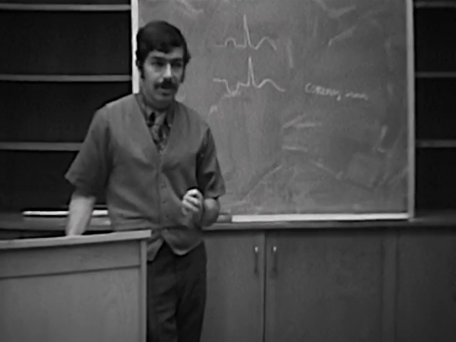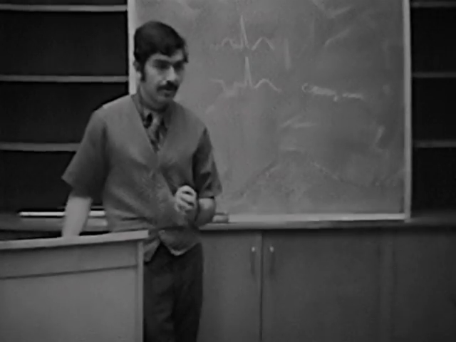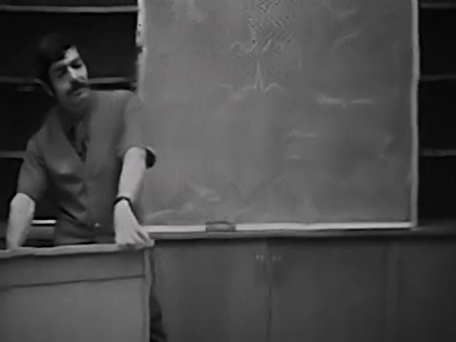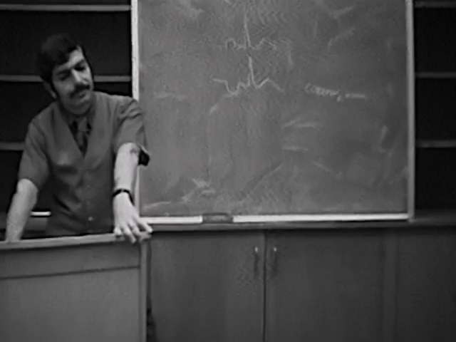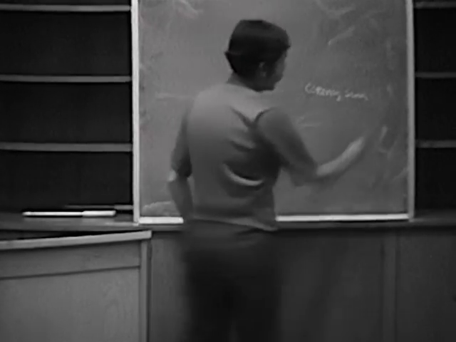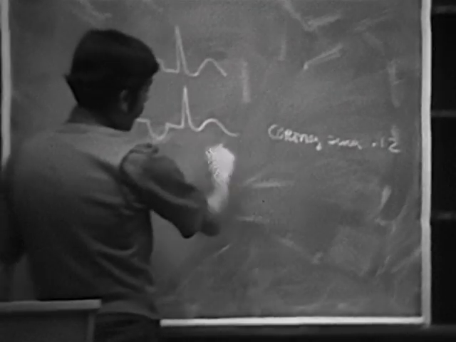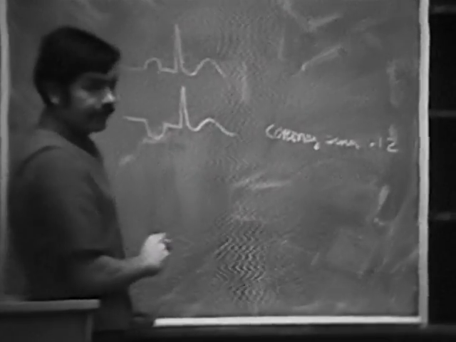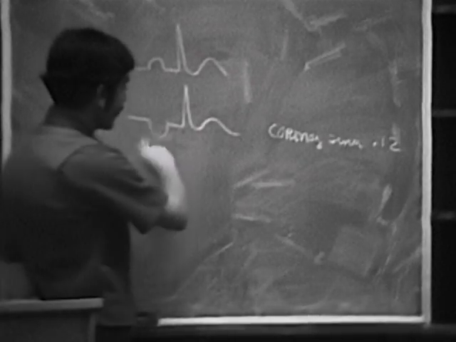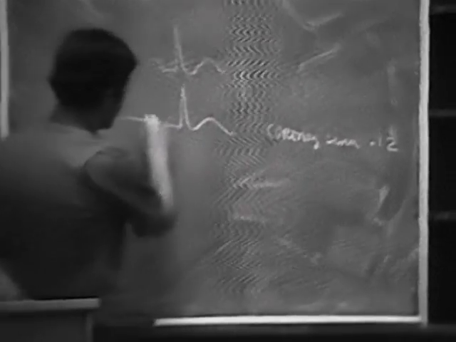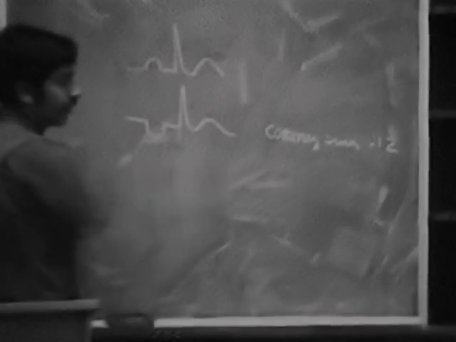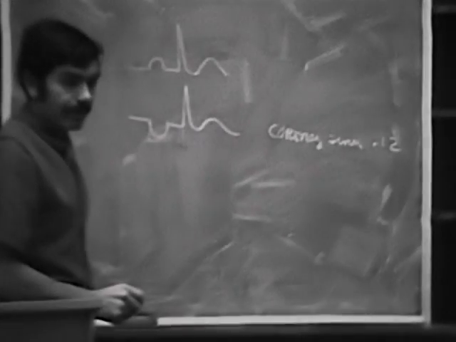It's the PR interval, right? What's the lower limit of normal for the PR interval? 0.12, right. 0.12 is the lower limit of normal. So if it's greater than 0.12, you're in the atrium, right? So if you have an inverted P wave and the PR interval is greater than 0.12, it's an atrial mechanism or a coronary sinus rhythm, right?